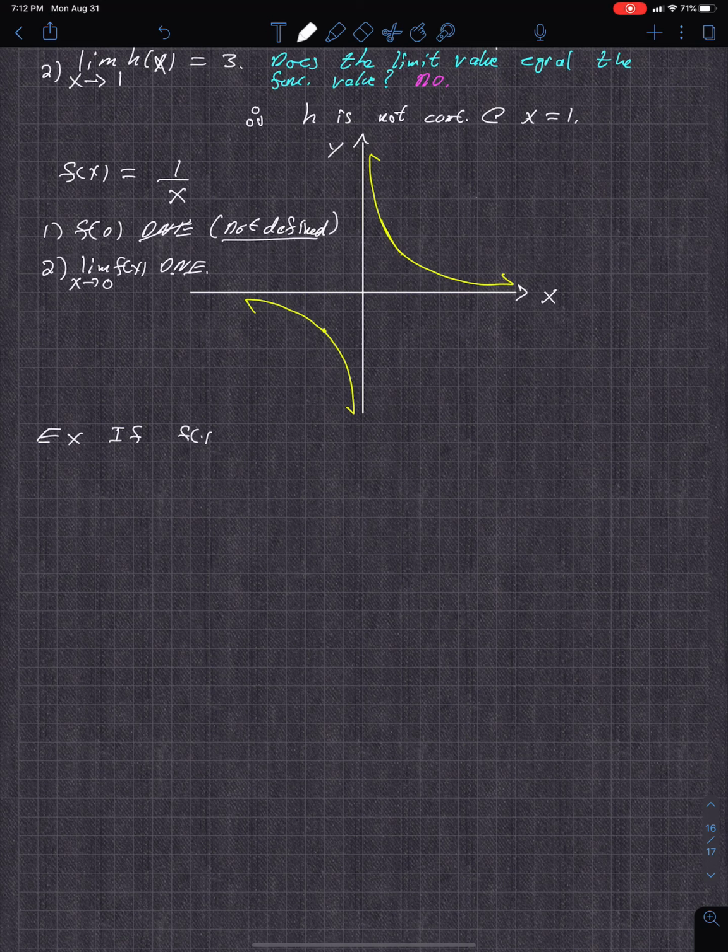If f of x is equal to x squared for x less than 1, and 1/2 x plus a half for x greater than or equal to 1. All right, so this is where I'd have you try this one. So pause and try it.